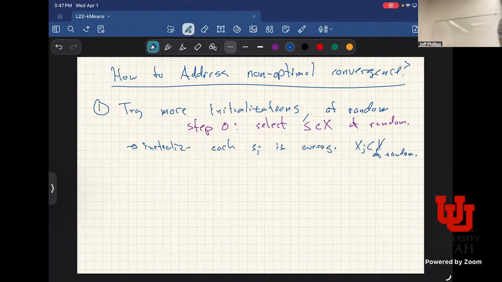So I could pick a subset of the points at random and then choose S_j to be its center. So start by splitting the data.